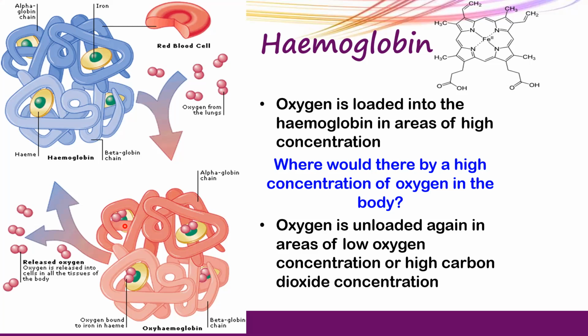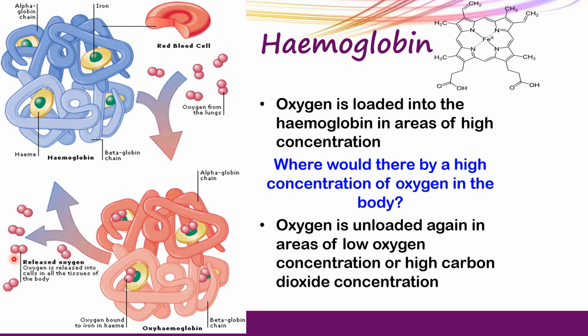The oxygen which is bound with hemoglobin as oxyhemoglobin would then be released as oxygen gas to areas where there is low oxygen concentration. Areas which have low oxygen concentration are the ones which have high carbon dioxide concentration as well, because metabolic activities are undergoing inside the cells.